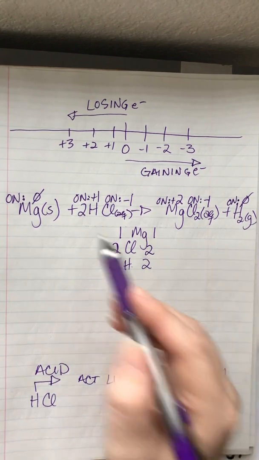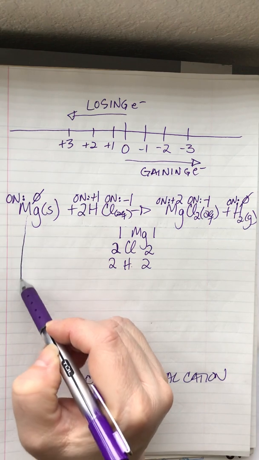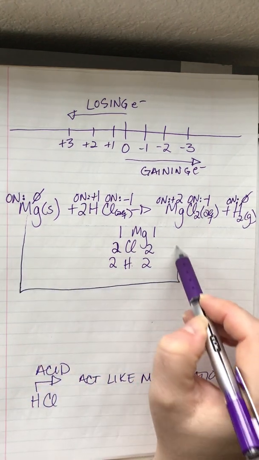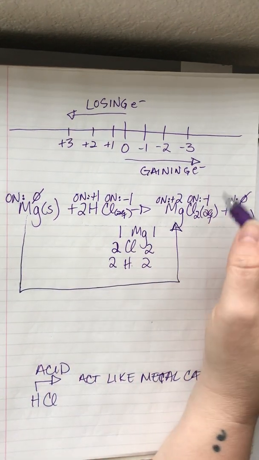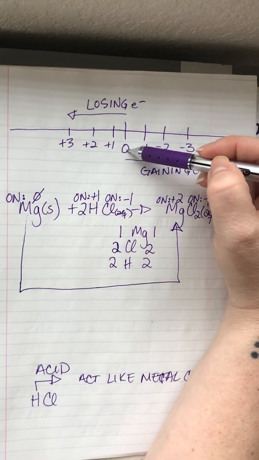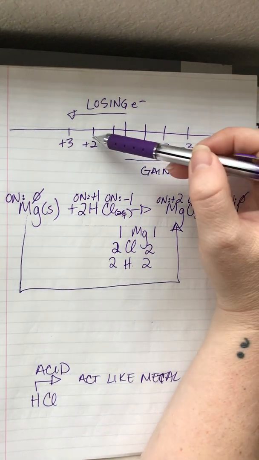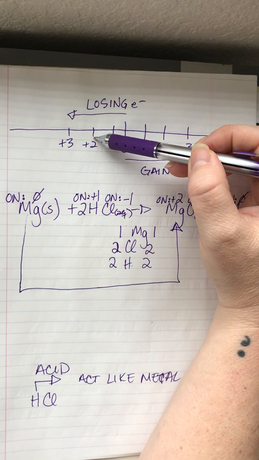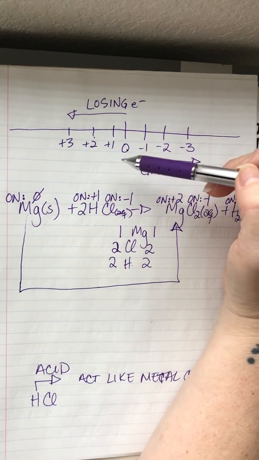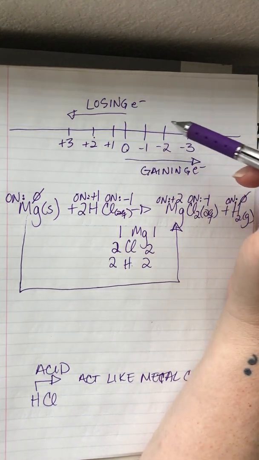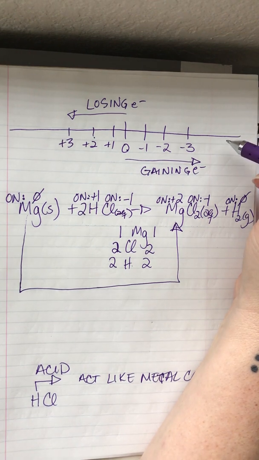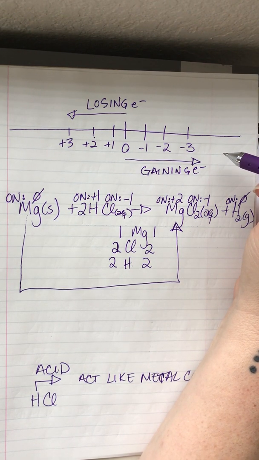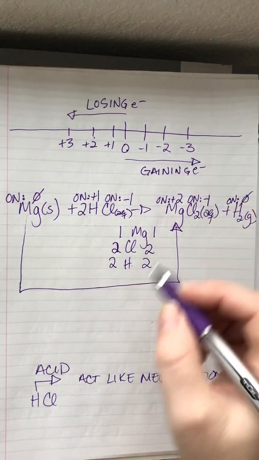So, looking at magnesium, we went from 0 to +2. So we had to be losing electrons, which means that magnesium was oxidized or reduced? Oxidized, exactly.